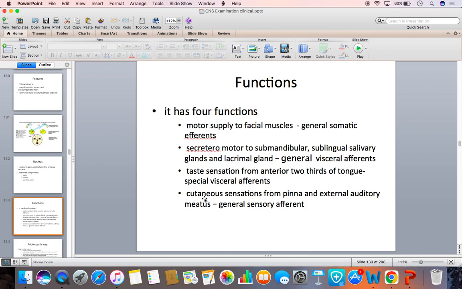It has taste sensation from the anterior two-thirds of the tongue as visceral afferents, and cutaneous sensation from the pinna and the external acoustic meatus for general sensory perception through the afferents. So the facial nerve has motor function, secretory motor function, and sensory function.